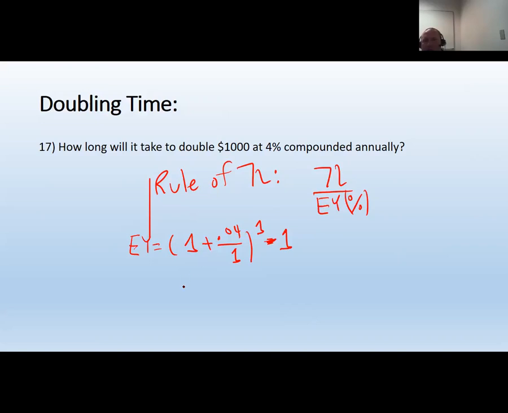All this really means is that you have 4% as your effective annual yield, which is the same as the interest rate because it's compounded annually. So to calculate the doubling time here, we just compute 72 over 4, the effective annual yield as a percentage. And 72 over 4 is 18. So it would take 18 years to double the investment at 4% compounded annually. So does anybody have any questions on this problem?